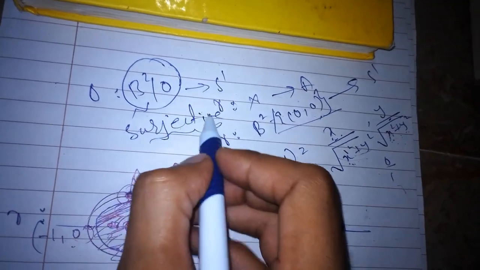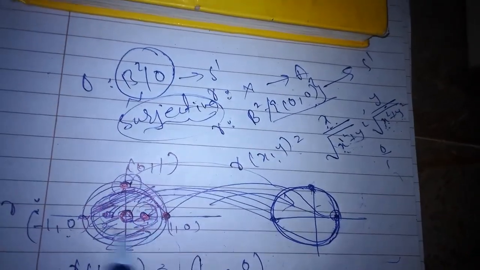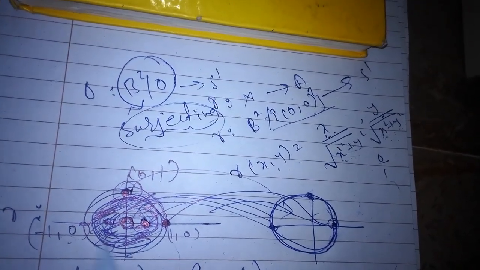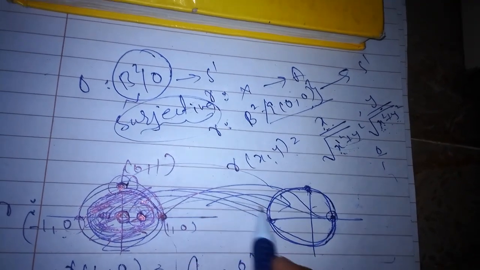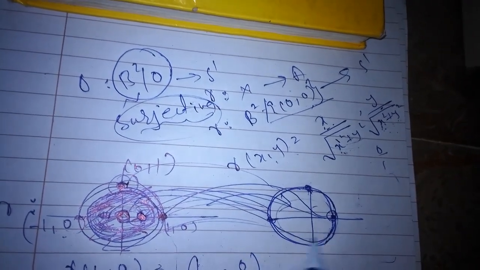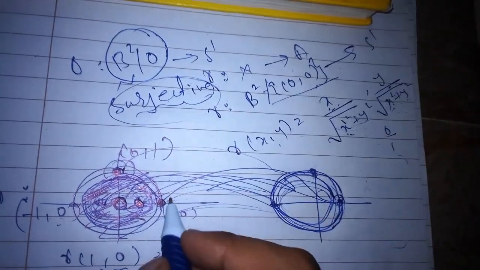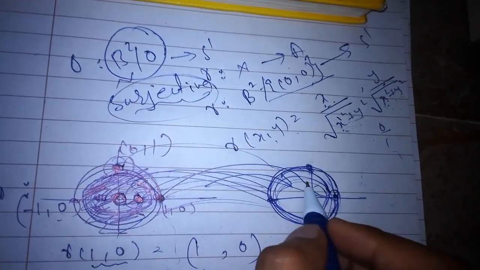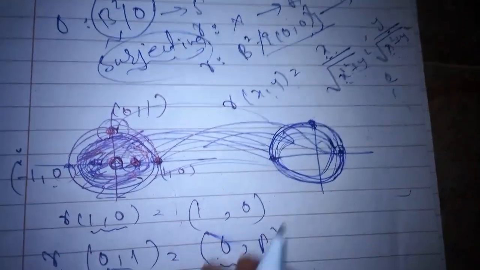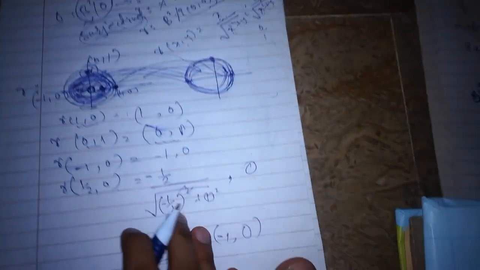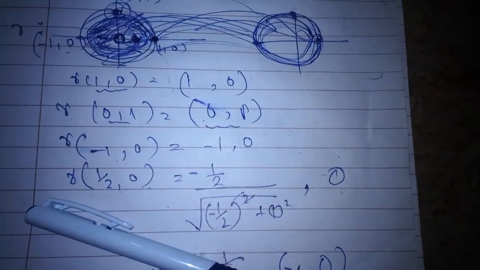Every point of this lies here, so we will get all the boundary of this disk as output. So this is a surjective map, and this is an example of a retraction map.